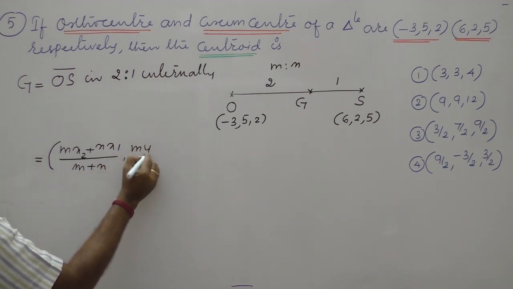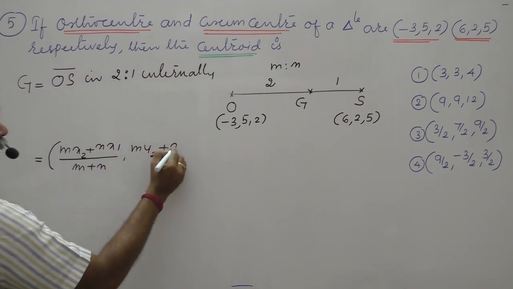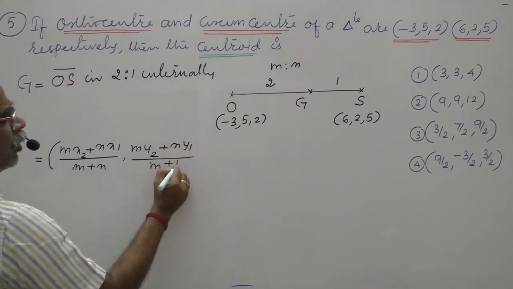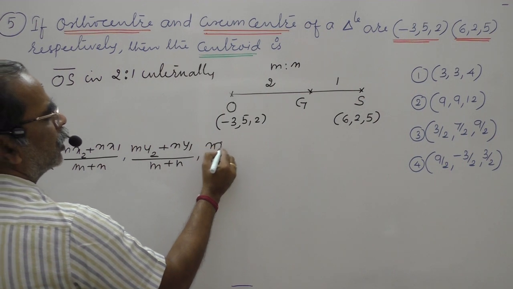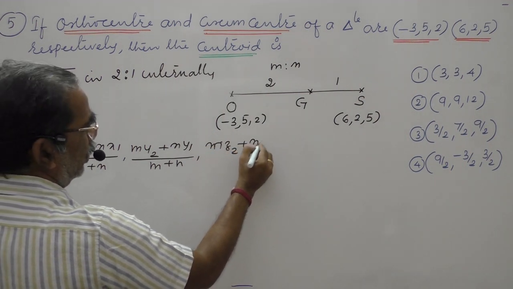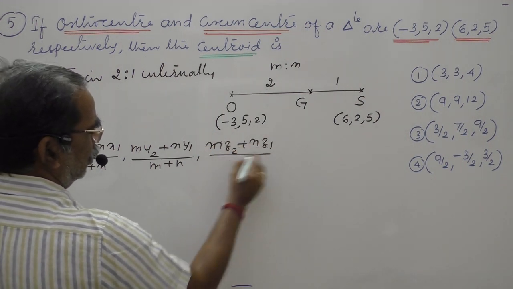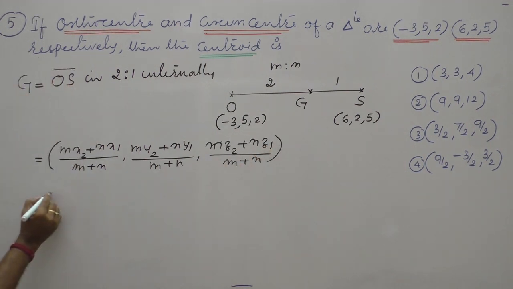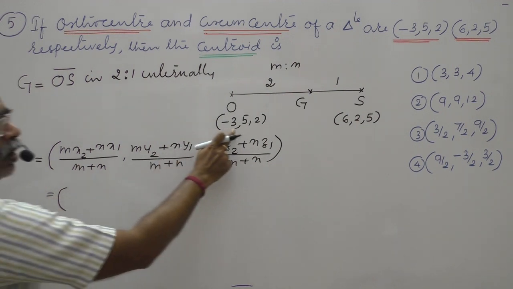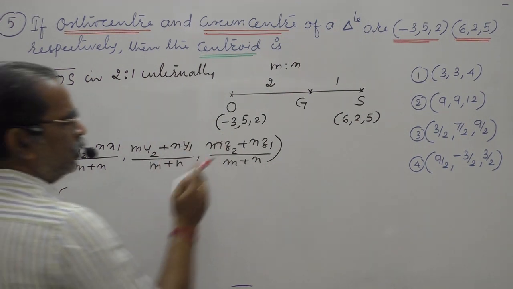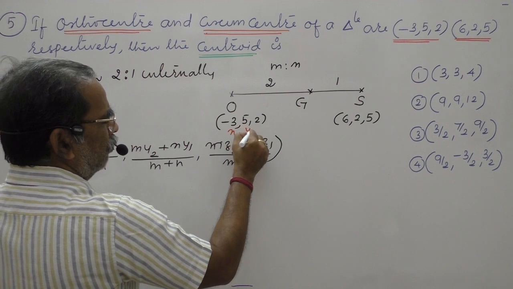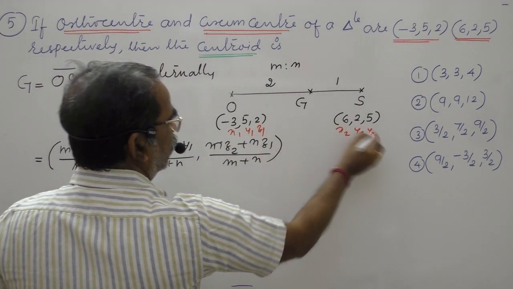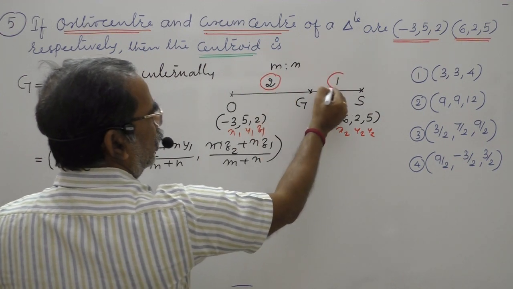Next my2 plus ny1 divided by m plus n, and mz2 plus nz1 by m plus n. We will substitute the values. This is the first point, therefore this is x1, y1, z1. And this is the second point, x2, y2, z2. This is m:n, m and n.